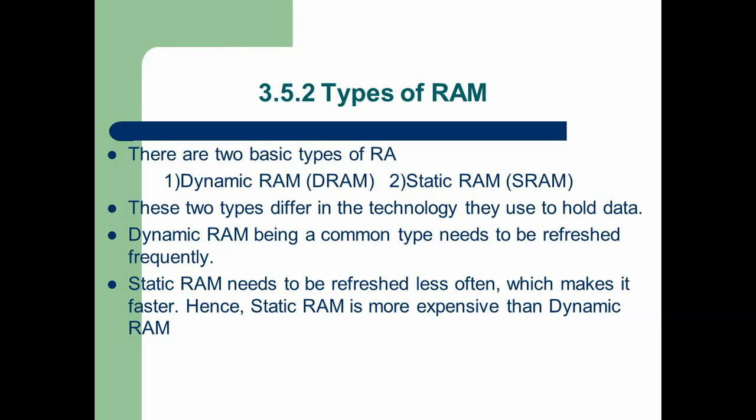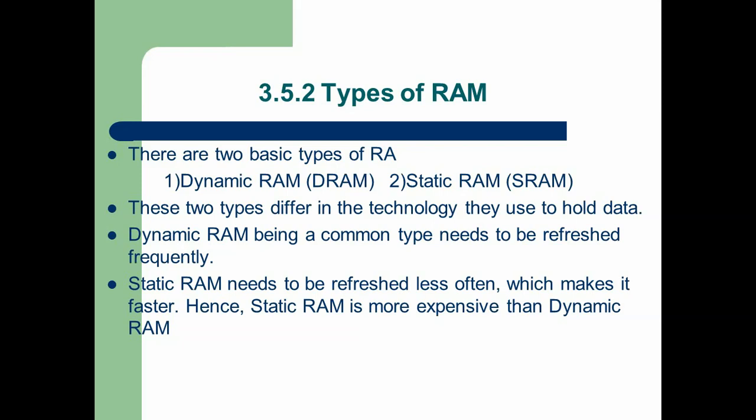DRAM, being a common type, needs to be refreshed frequently. So DRAM is the commonly used type of RAM. Each and every time, whenever we do any operation like a read or write operation, we should refresh the RAM. That's why the speed is slower compared to SRAM.